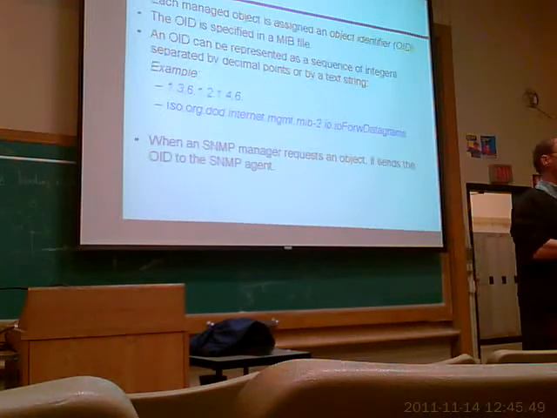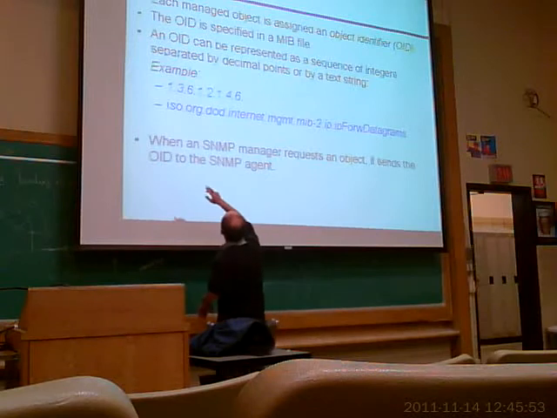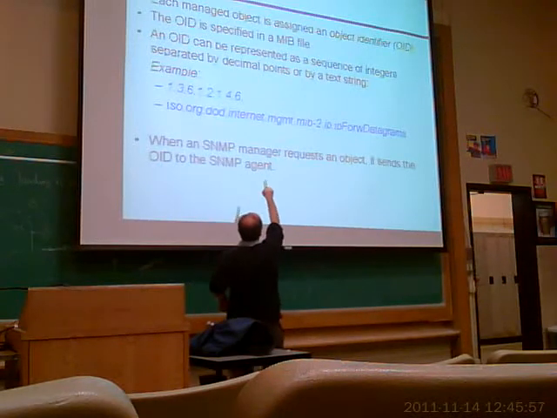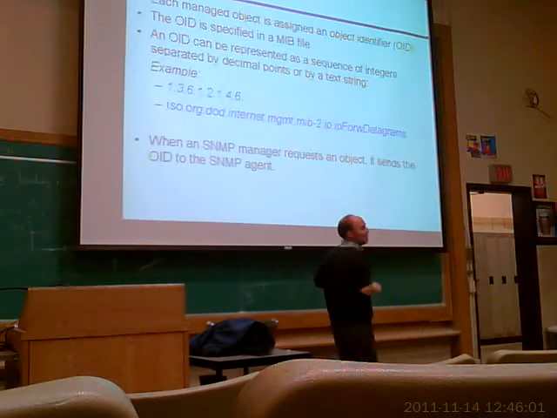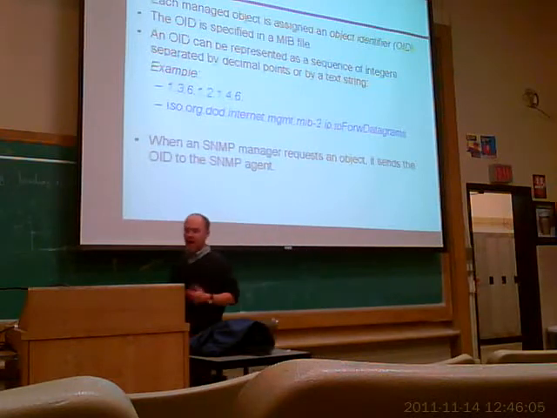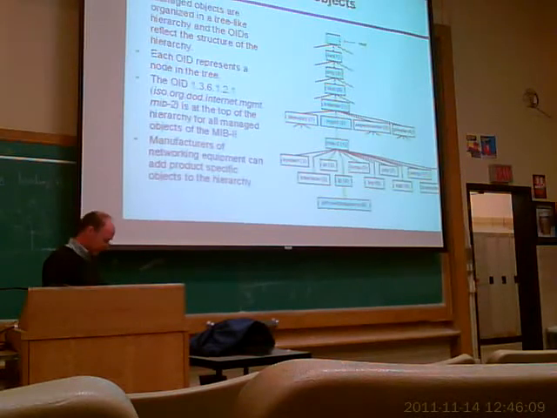It's part of a hierarchical structure, and the structure is from top down: ISO, org, DoD, Internet, management, MIB-2, IP, ipForwDatagrams. And it's part of a global tree of managed objects.